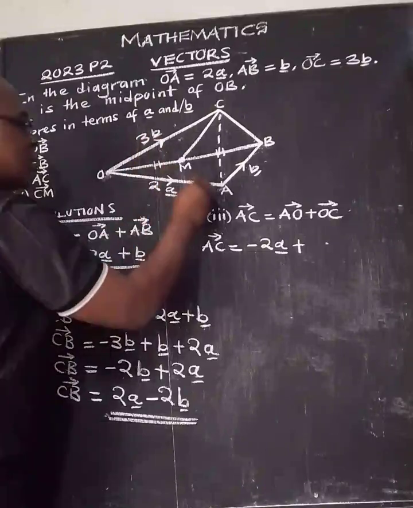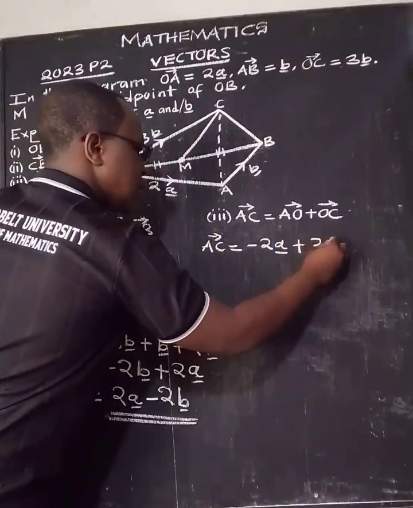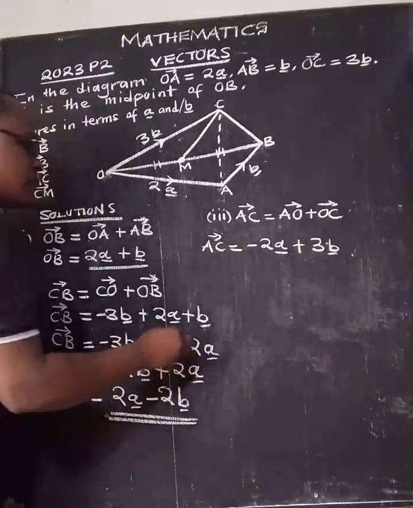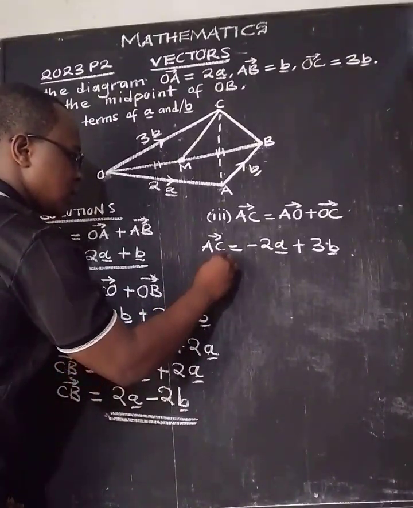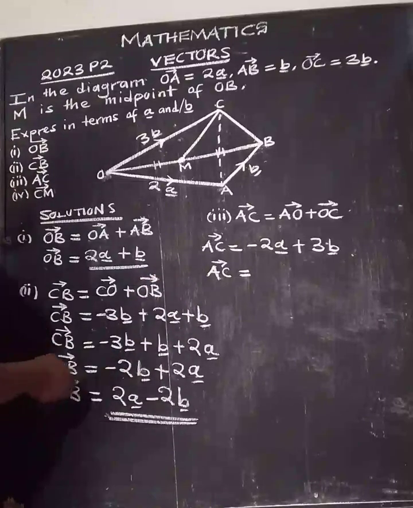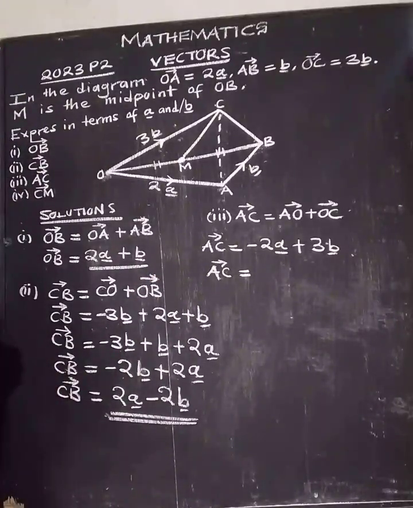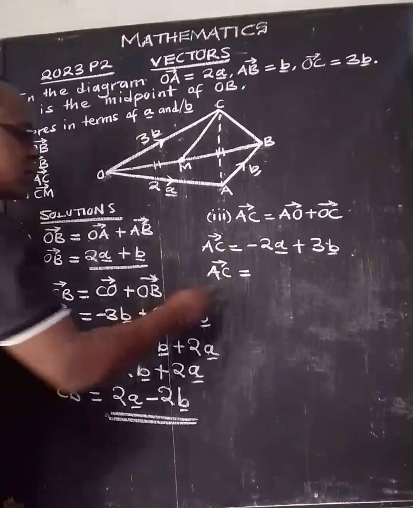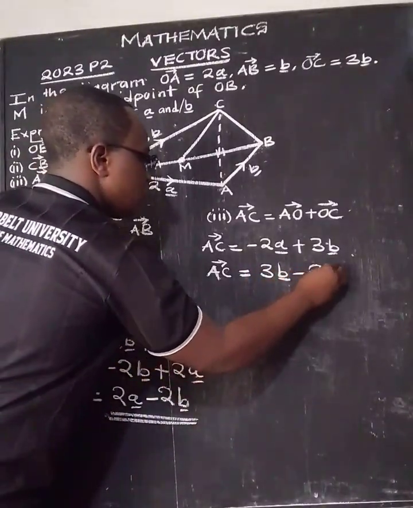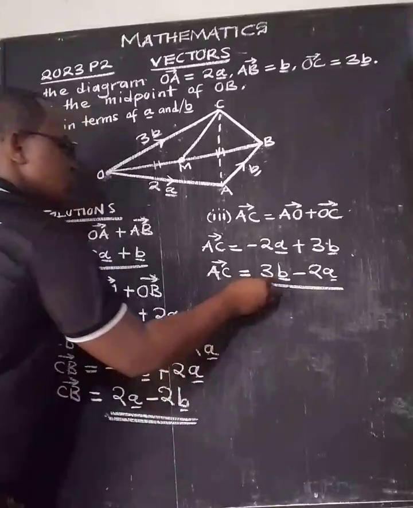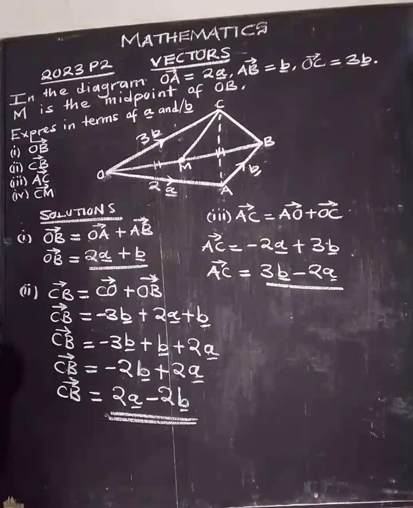So OC is 3 vector B. So AC is equal to, this one is very simple. Just start with the positive and say 3 vector B minus 2 vector A. So this is our answer.